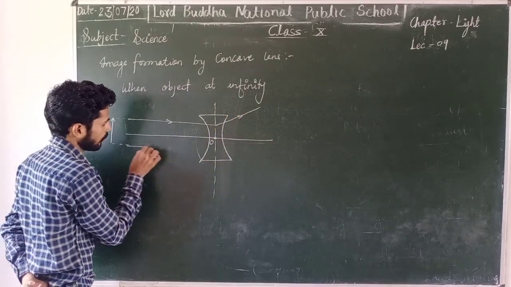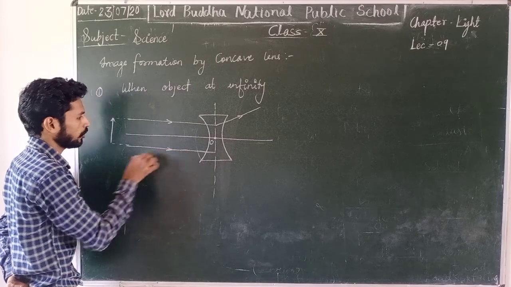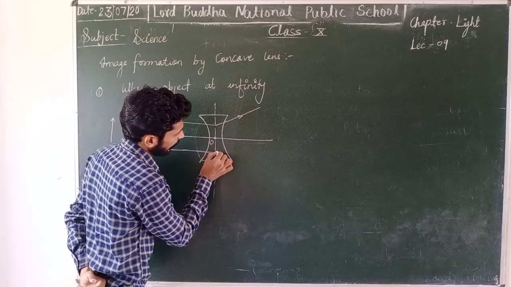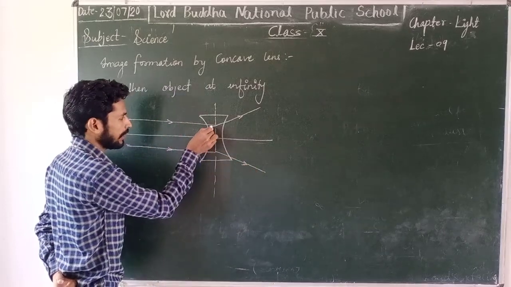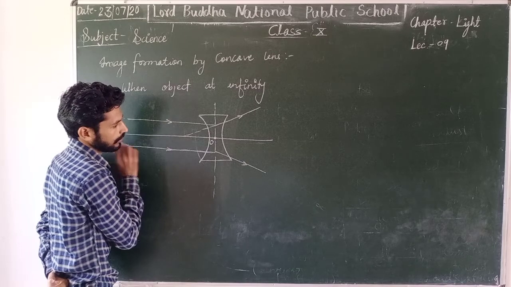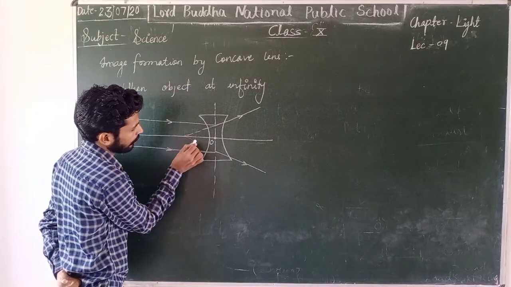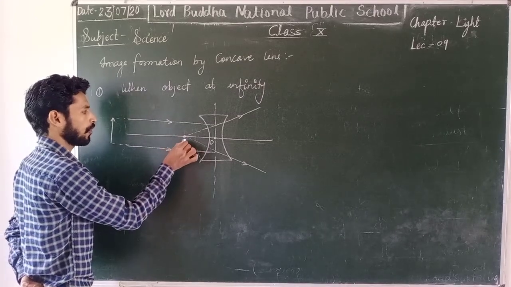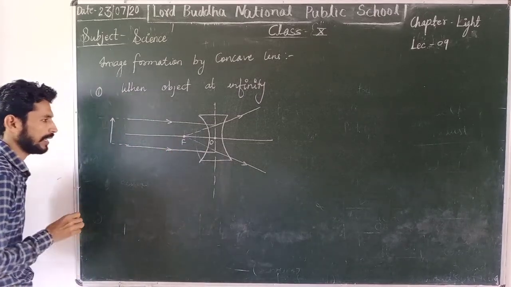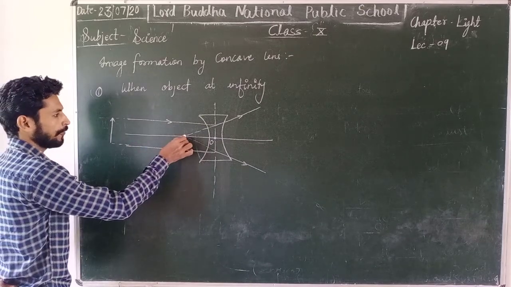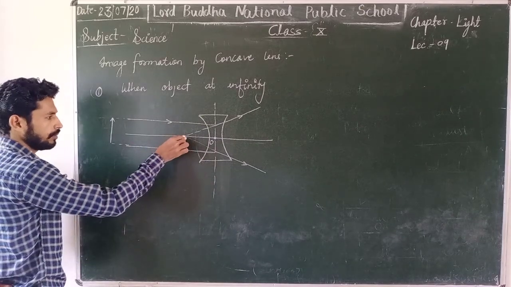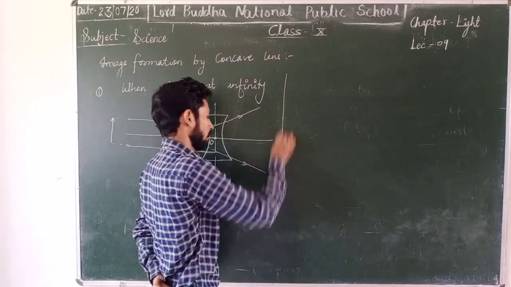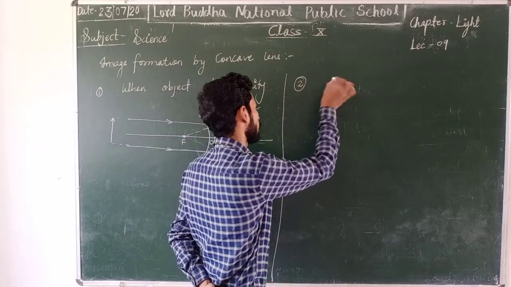And like this, the next ray which is going parallel to the principal axis will also be divergent, but on the back side if we extend these refracted rays, then they will intersect at focus F. So we can say the image will be formed at focus F, that will be imaginary, and in size, that is point.